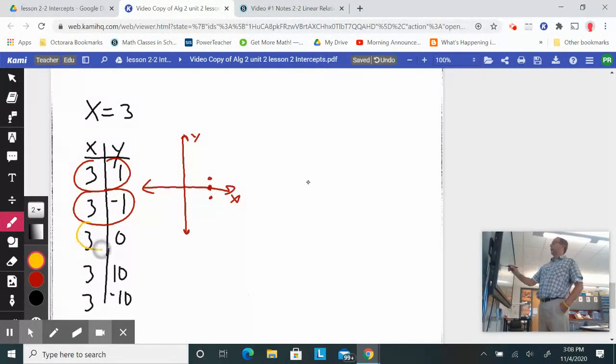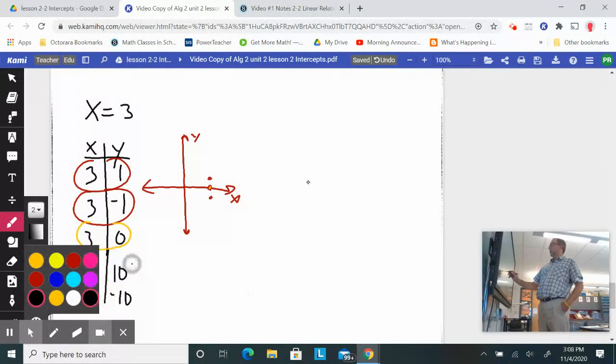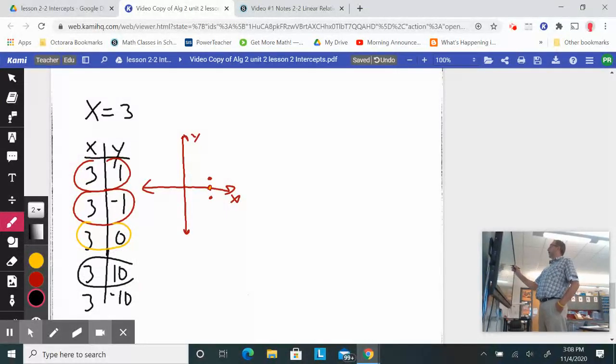And this is special. That's your x-intercept right there. And then you have 3, 10. 3, 10 would be up here somewhere. 3, -10 would be down here somewhere. And if you connected all those points, you have a vertical line.